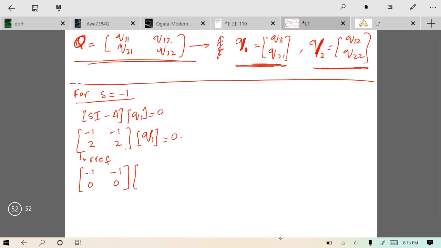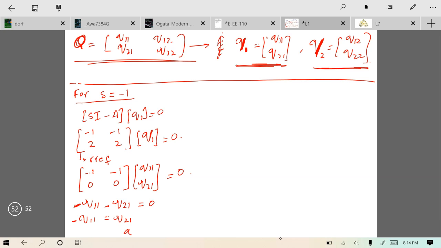Let's write q1 in the form of q11 and q21 equal to 0. Expanding it gives me minus q11 minus q21 equal to 0, which implies q11 is equal to minus q21. If I say that q21 is alpha, then q11 would be minus alpha.